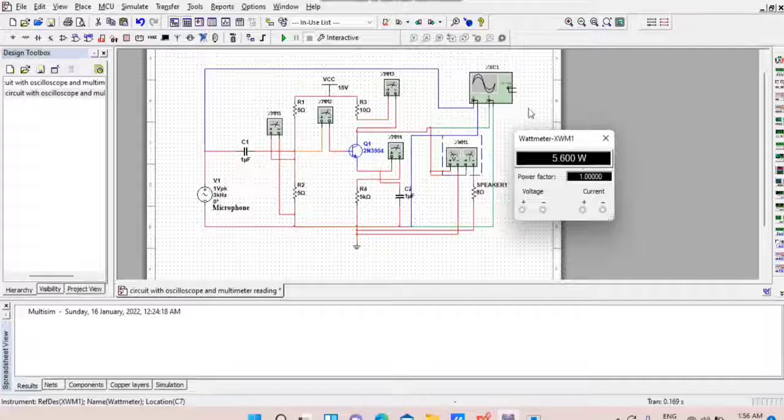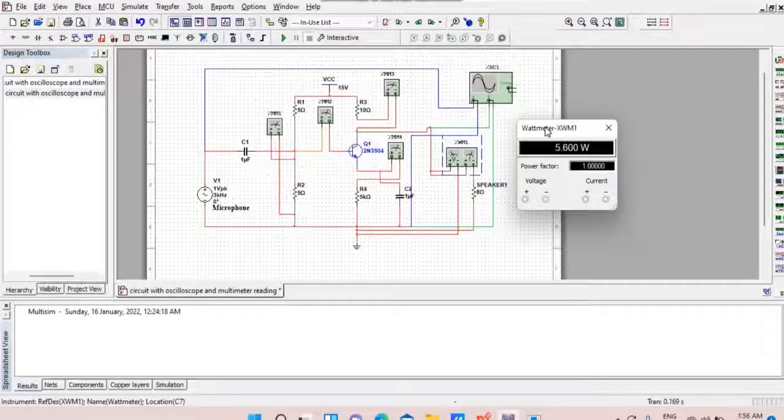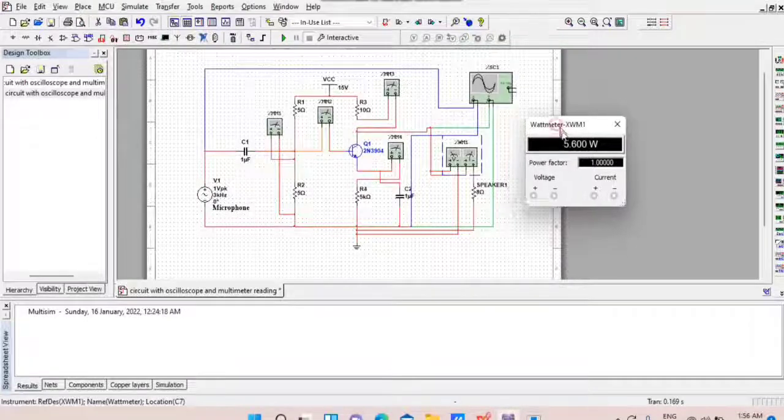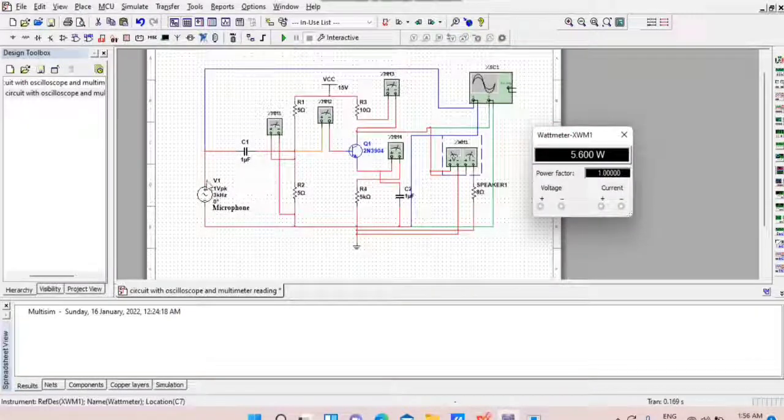As mentioned in our assignment, we need to develop an audio amplifier circuit that can produce an output of more than 5 volts. So we managed to develop an audio amplifier circuit by using the BJT, which produced 5.6 volt by using the frequency of 3 kilohertz.